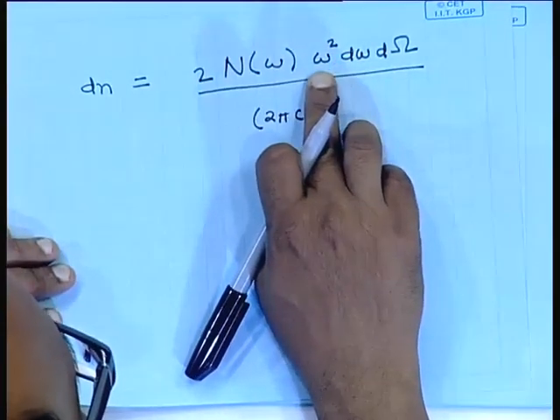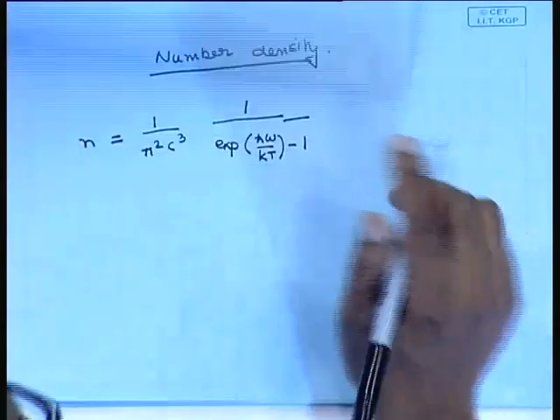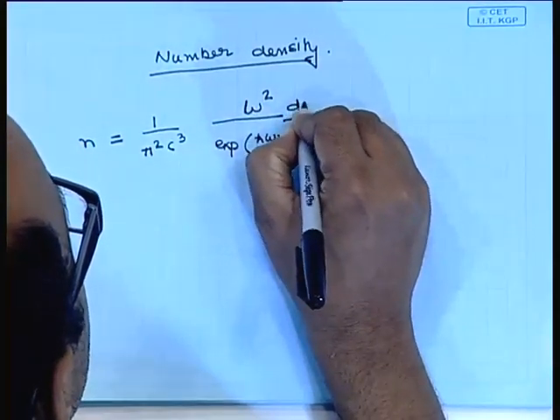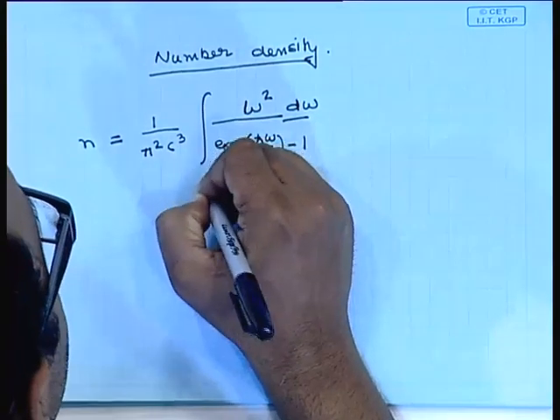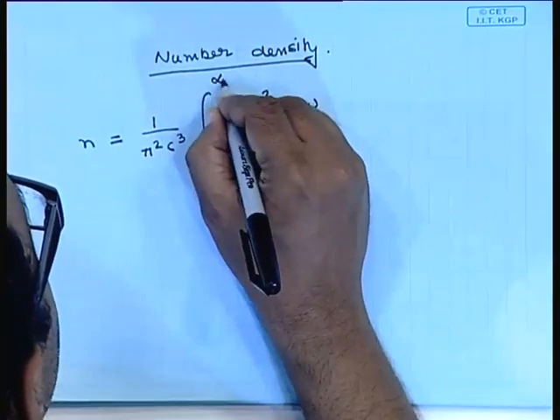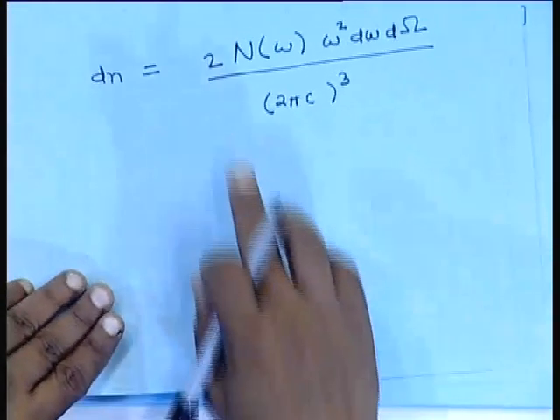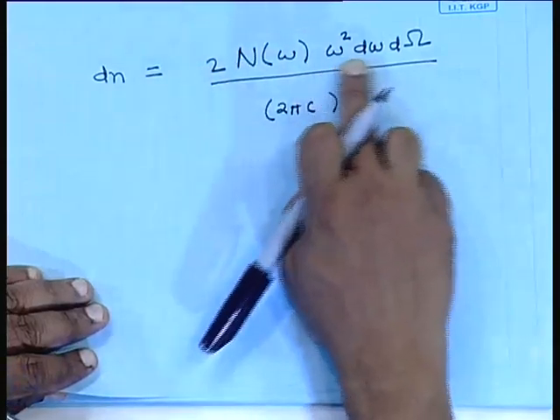So I have omega square d omega. I have to do this integral from 0 to infinity. That is the number density of particles. So this is it. I have to just integrate over omega.